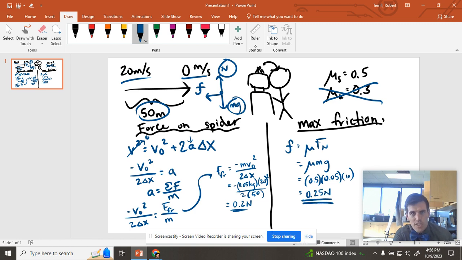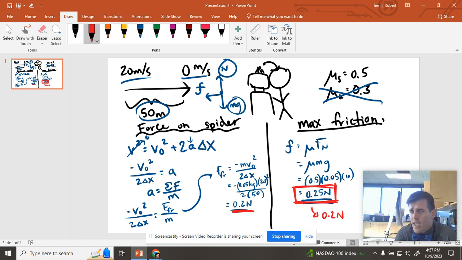Now remember, with friction, this number right here is the maximum. It's not how much friction there actually is. That's the most friction that the spider and the headrest could ever have. In reality, it's 0.2, because that's all it needs to be to keep that spider from moving.